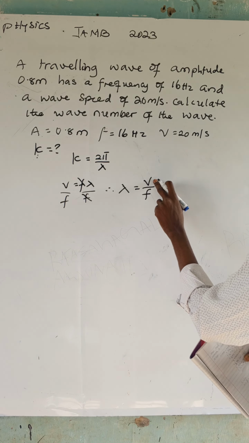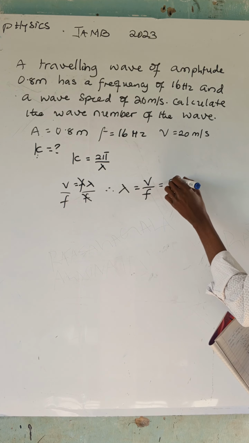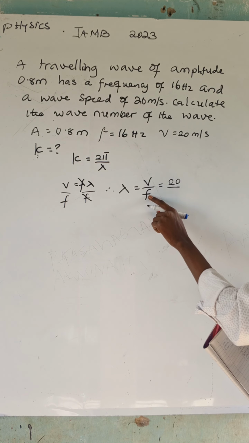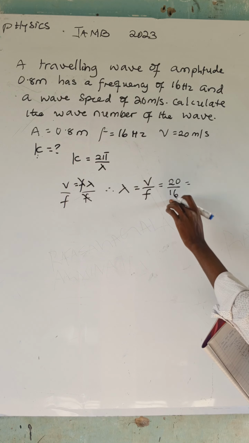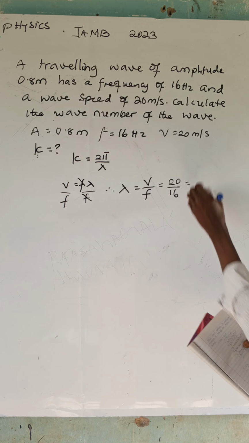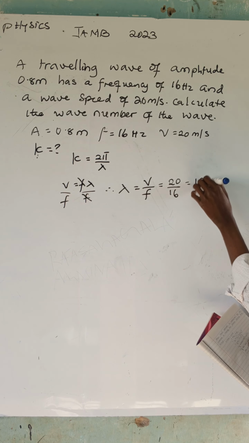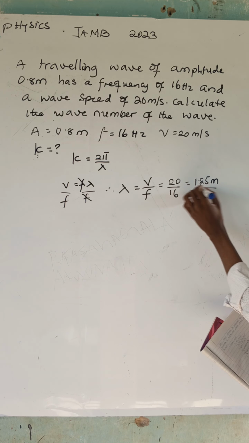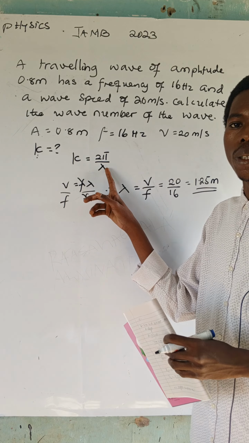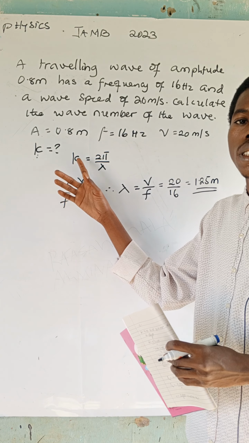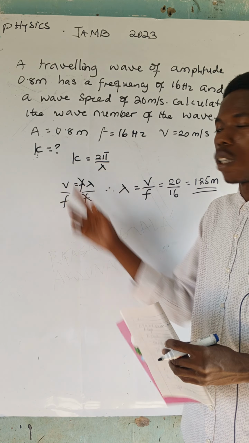So velocity is 20 divided by frequency 16. So 20 divided by 16 is 1.25 meter.